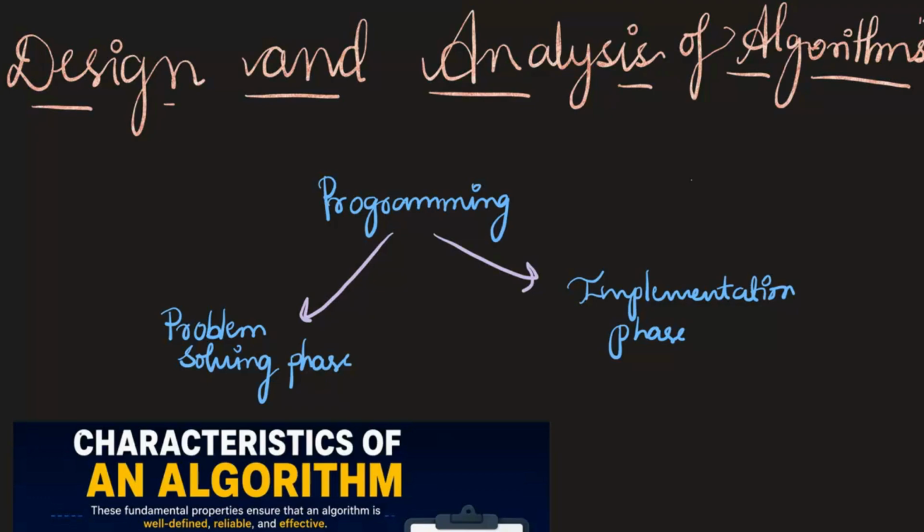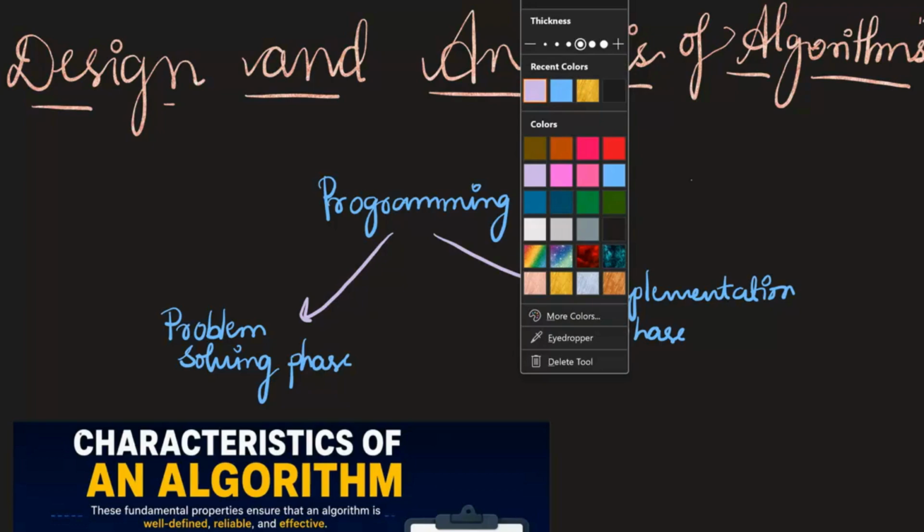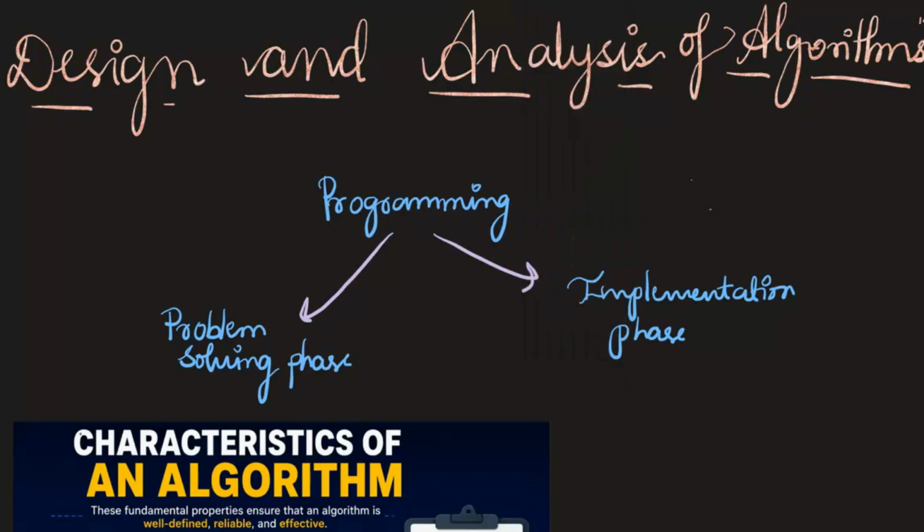Programming is basically divided into two parts, that is the problem solving phase and the second one is the implementation phase. When you come to the problem solving phase, suppose you have a question and you are framing the steps, like what do you have to do. First you start, then you create some condition to solve the problem, and using that condition your question will be solved, and that's the end of the problem.